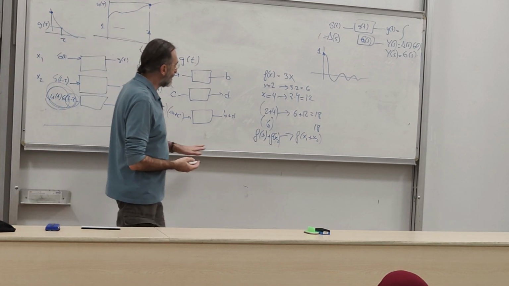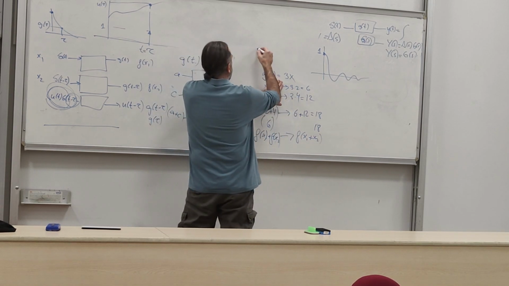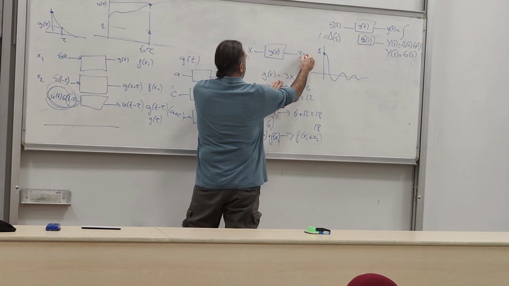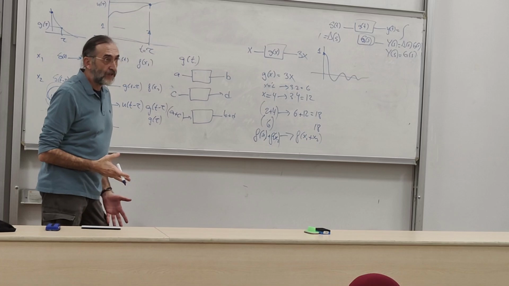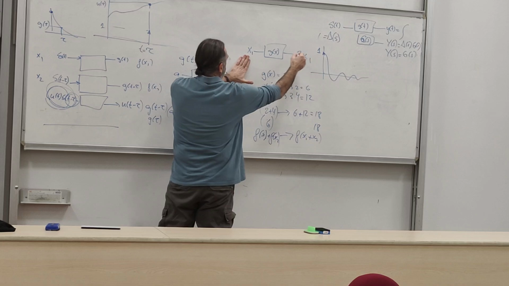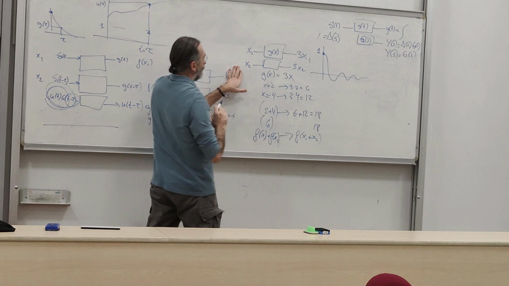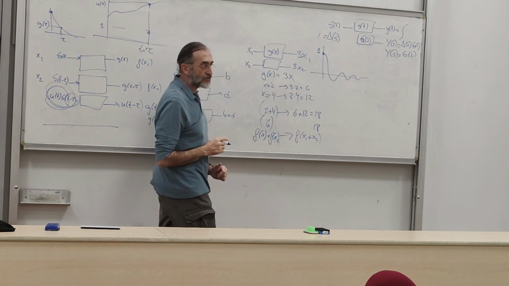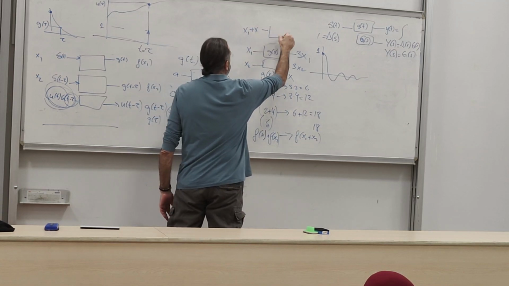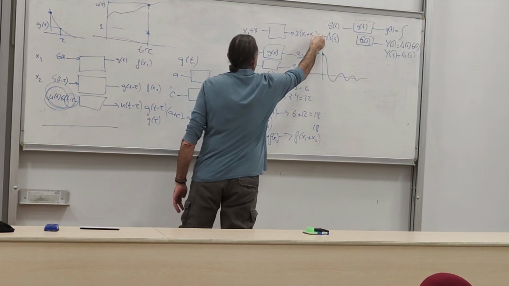So g of x is a system that takes x and turns it into 3x. So the system input x1 goes into 3x1, x2 goes into 3x2. So x1 plus x2 go into the system, and what I get is 3 times x1 plus x2.